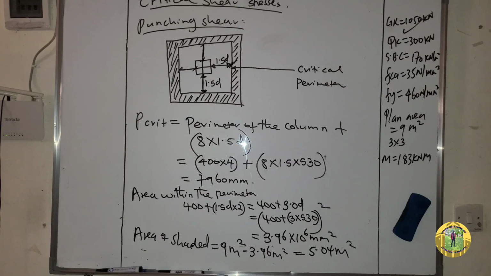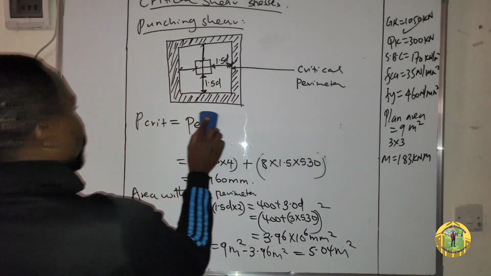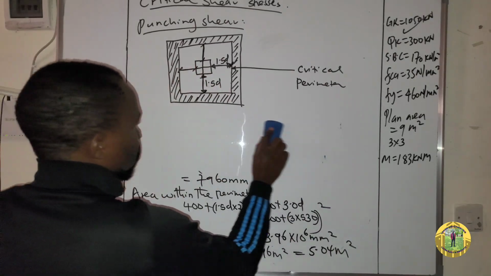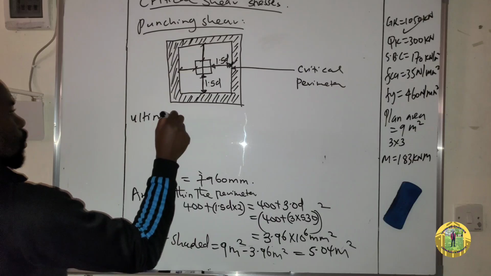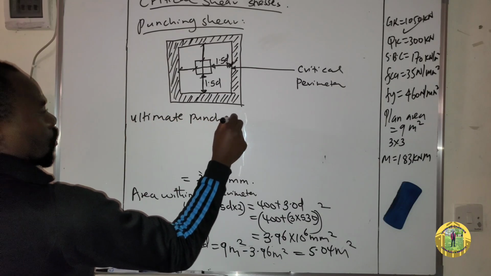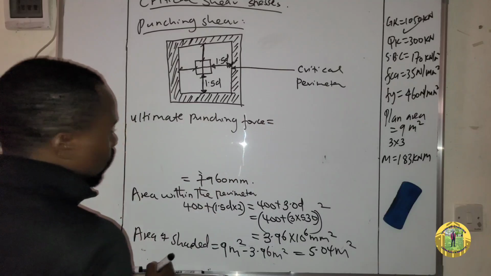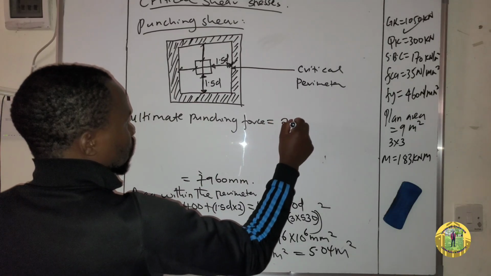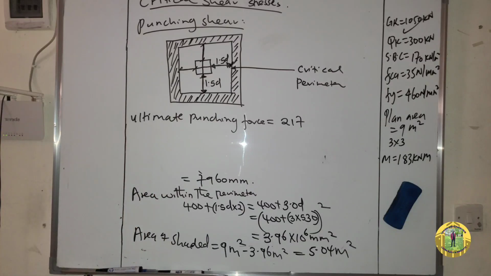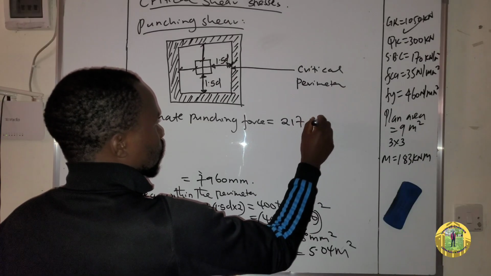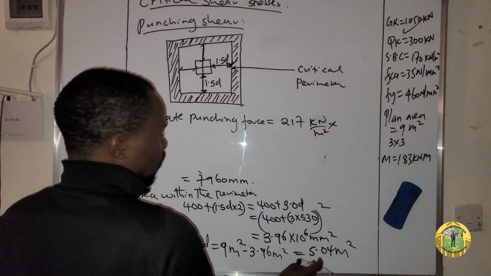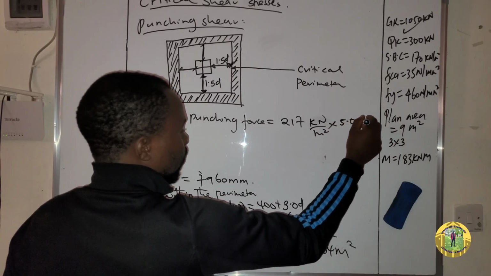So the ultimate punching force is equal to 217, which is our PS, that is the earth's pressure. 217 times, remember this is in kilonewton per meter square, times 5.04 meter square.